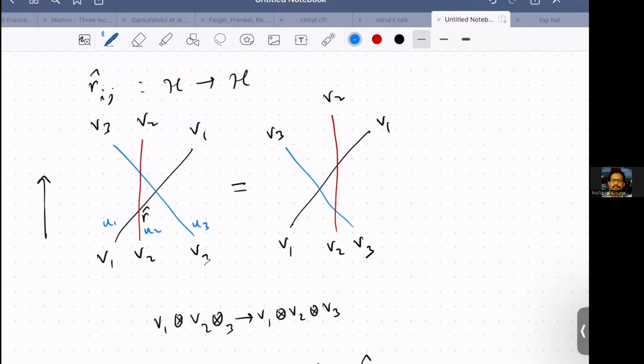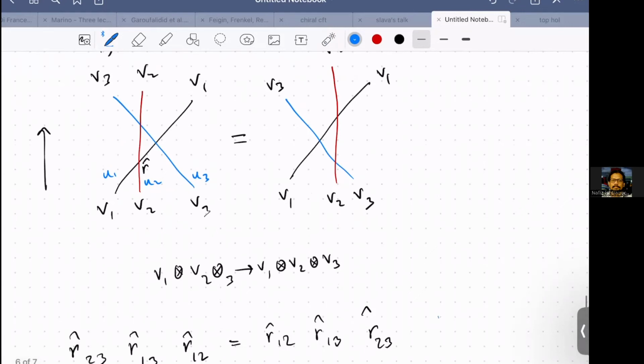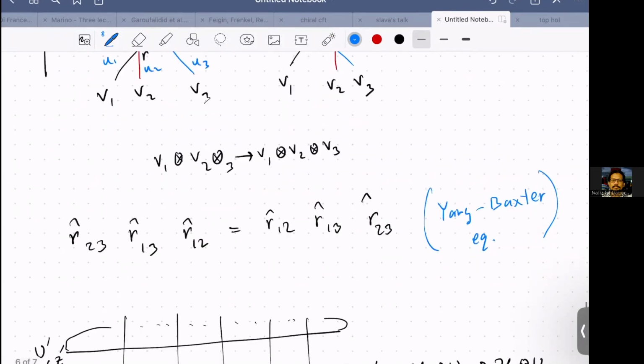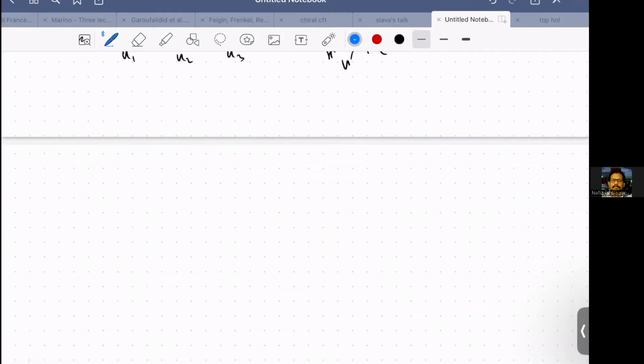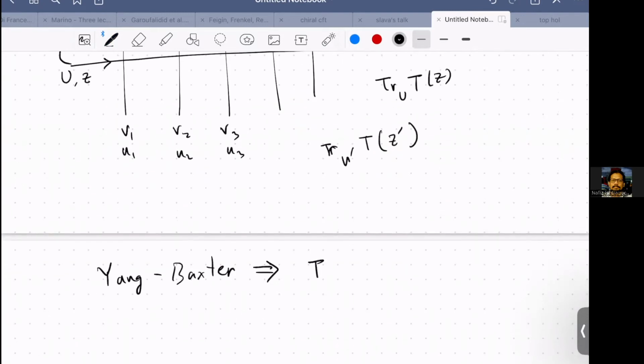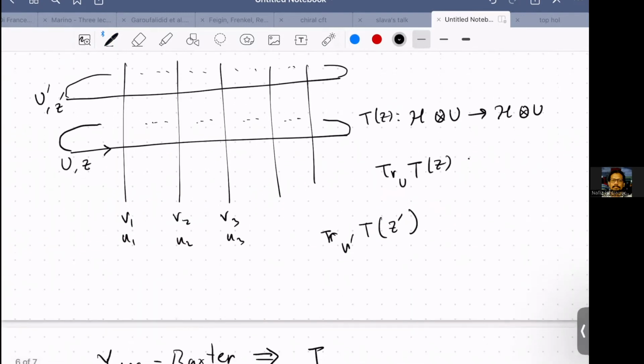So this equation is a very famous equation. It's called the Yang-Baxter equation. Now, I'm going to make the following claim that Yang-Baxter implies, so let me call this T of Z and this T prime of Z prime.